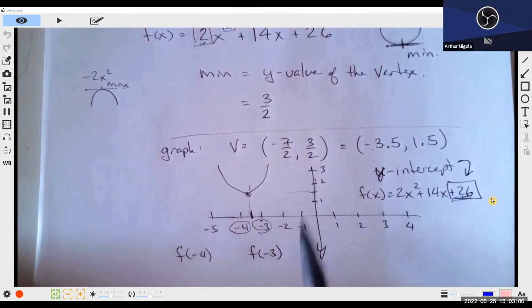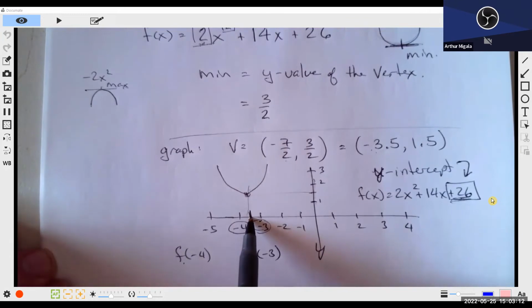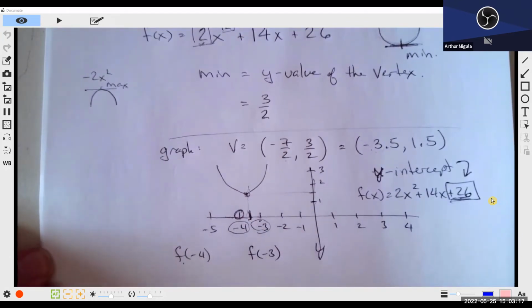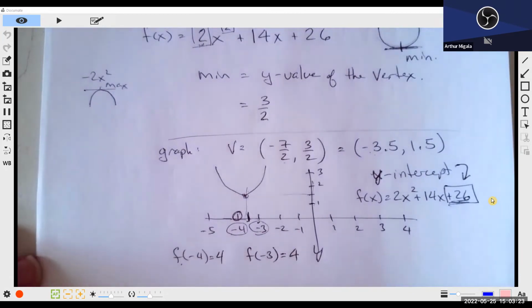Now, because of symmetry, since this point is halfway between -4 and -3, once you find the value at -4, let's say it equals 4, I automatically know this one is going to equal 4.